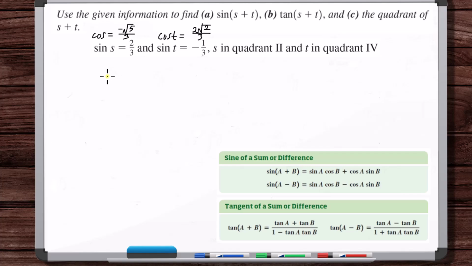Okay, now tangent of s, using the quotient identity, we can write that as sine of s over cosine of s. So that's going to be 2/3 times the reciprocal of cosine, so minus 3 over root 5.